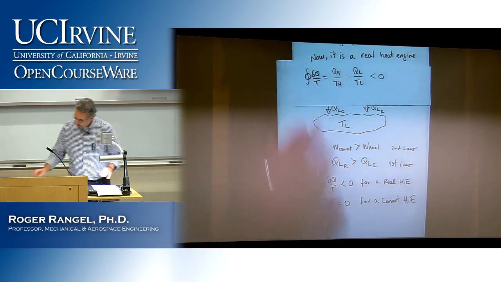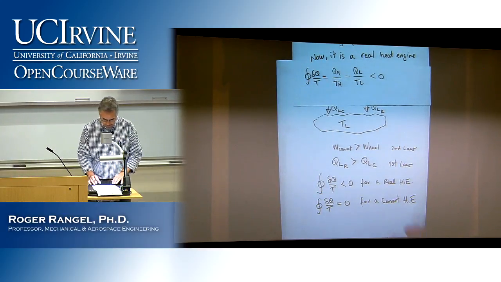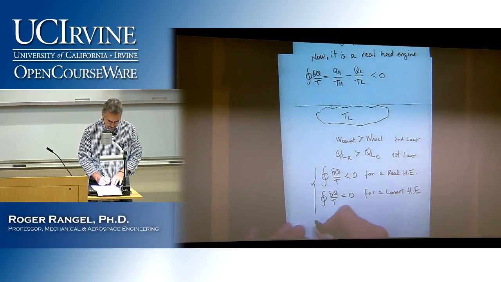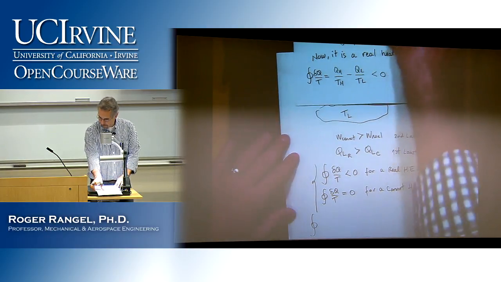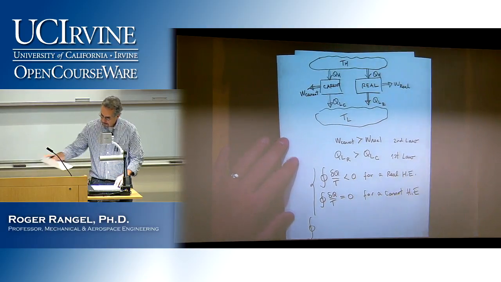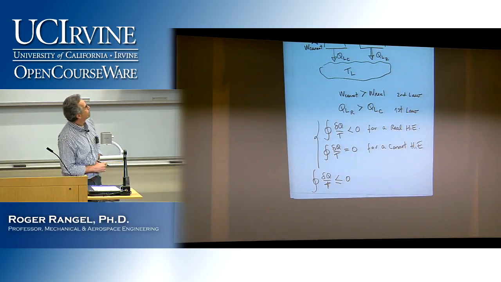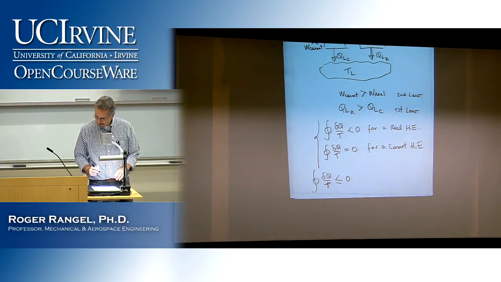So what we do is we write it like this. We summarize these two into one result. We say the integral of, let me move this away, the integral of delta Q over T is less than or equal to 0. Okay.